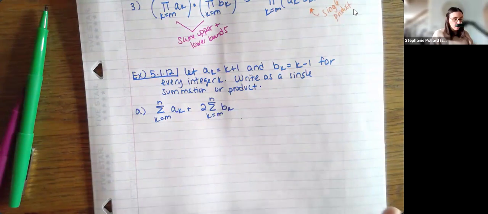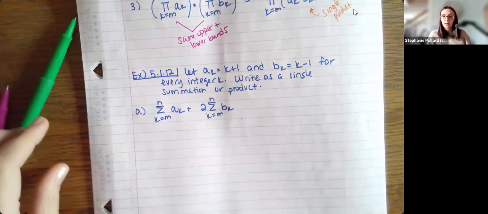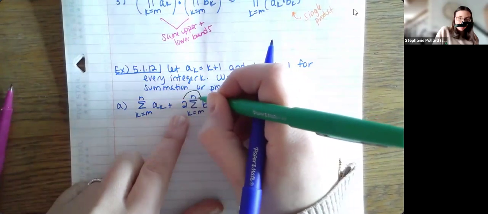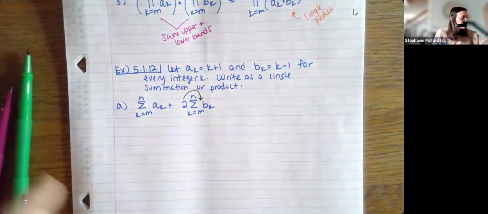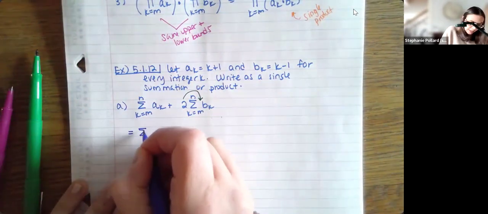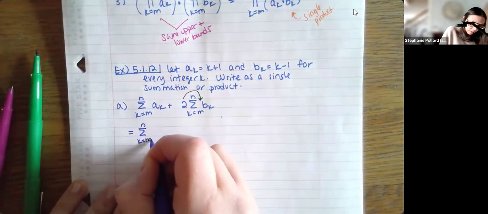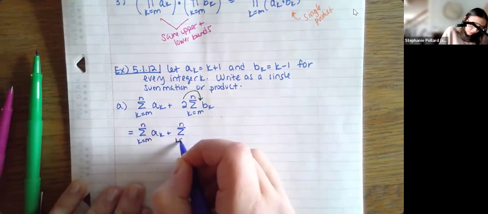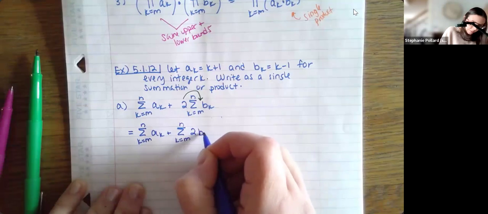There's a couple things you can do to start, but one thing I'm noticing here is I do see this 2 on the outside, and I do know from the previous theorem that I actually can bring that 2 inside. So that could be one way to start, is by just kind of quickly rewriting that. Okay.